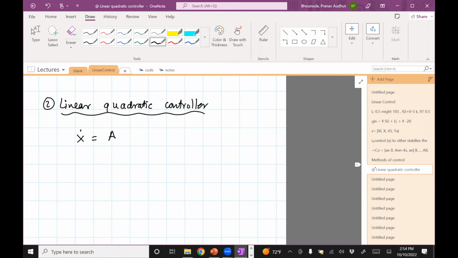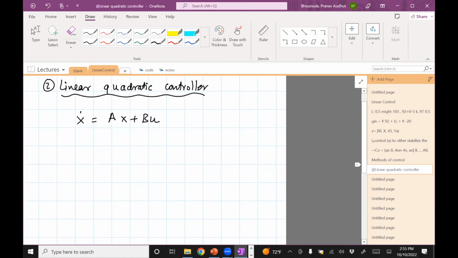So we have a system x dot equals Ax plus Bu. We try to compute u such that it minimizes a cost function.